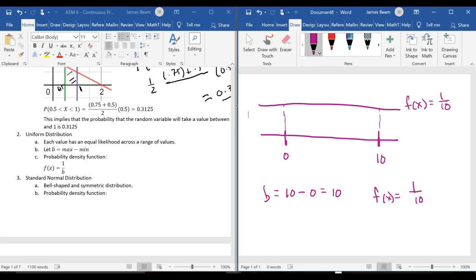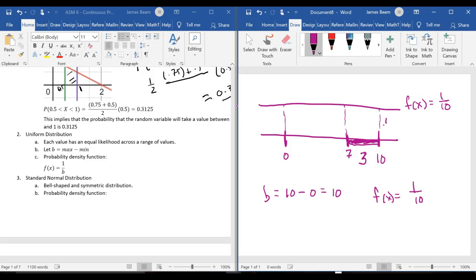And let's say you arrive at time 0. What's the probability that you're going to be waiting more than, let's say, 7 minutes? So that's asking what's the probability that the train's going to arrive between the 7th minute mark and the 10th minute mark? So that would be the area under the curve. The width here is 3.